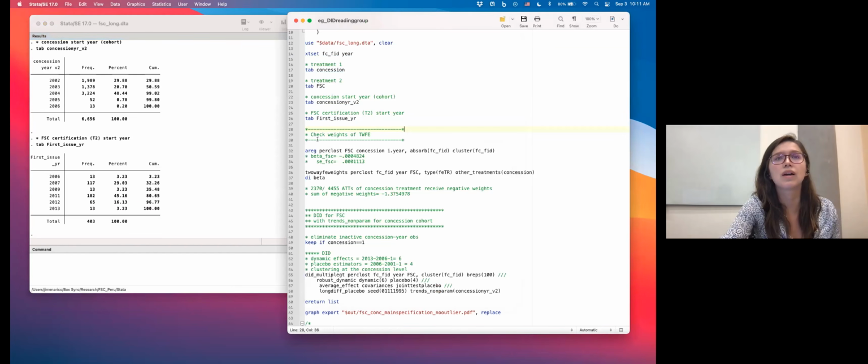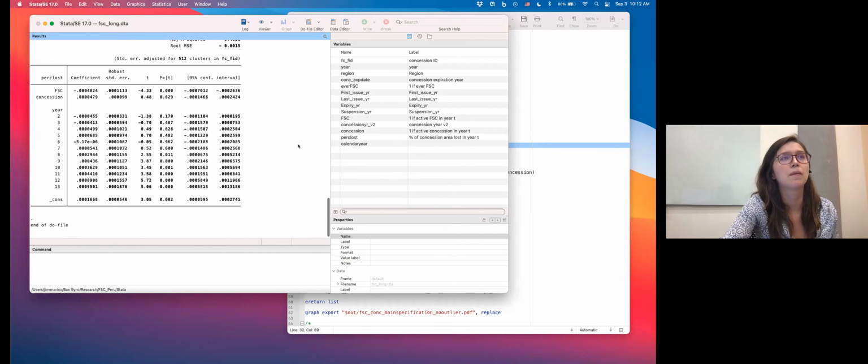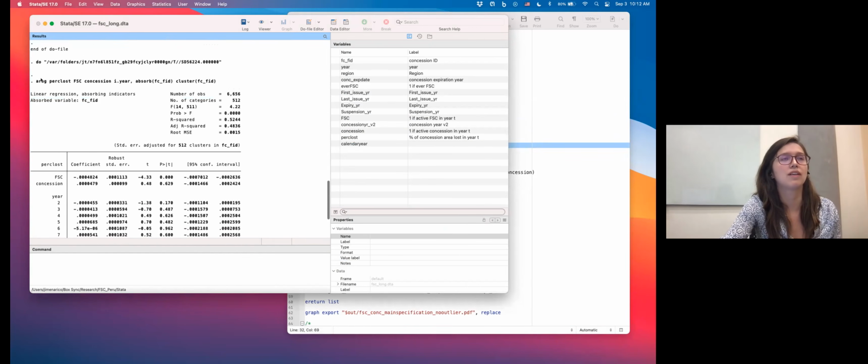So now the first thing I'm going to do is run the typical two-way fixed effects regression. So we have the percent loss as the outcome variable, what fraction of the logging concession got deforested in that year. We have the two treatments here.